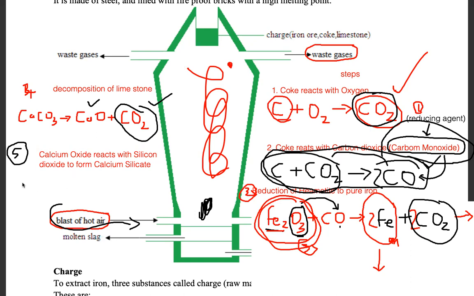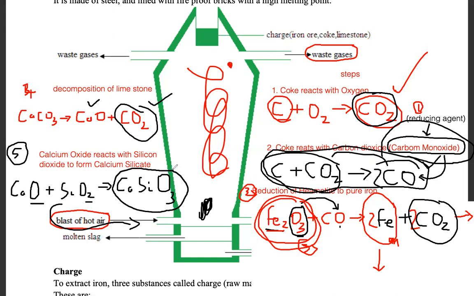How is it done? So we have the calcium oxide here, and actually, this is the last one. Calcium oxide is reacting with silicon dioxide. What we are forming is calcium silicate. So calcium here, silicon here, and oxygen: 2 plus 1, that is 3. This is calcium silicate.